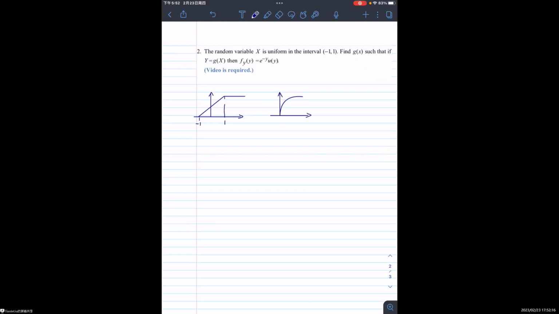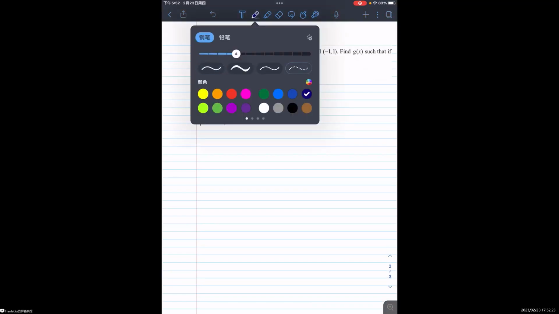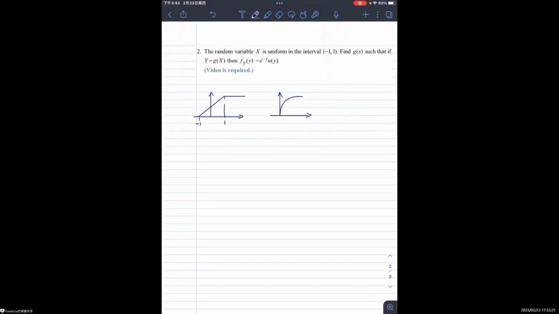So by the hint, we need to find the point where F_X equals F_Y to find the relationship between y and x.